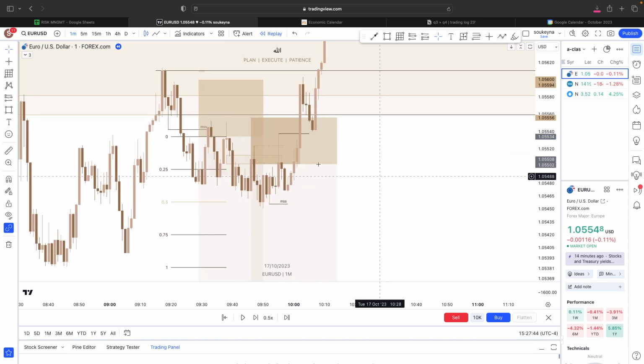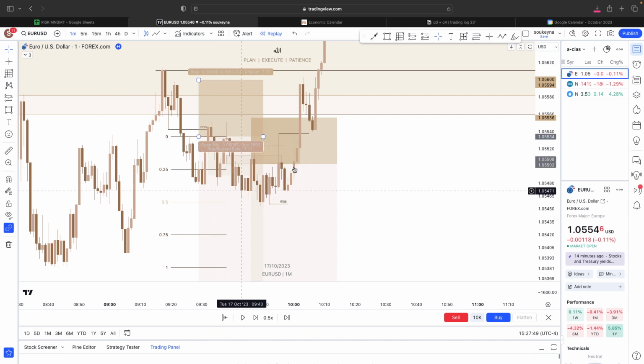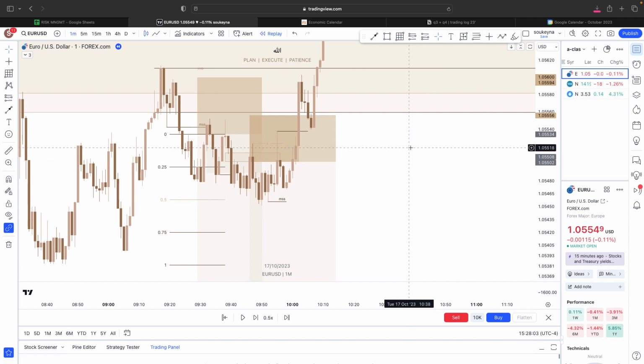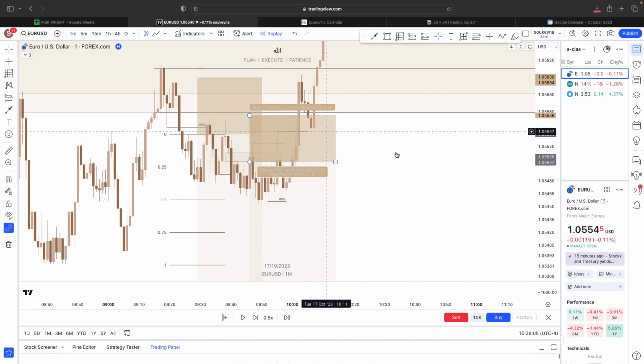I started to look for a second entry after we displaced again to the downside, closing below the open of this bullish candle, leaving us an imbalance, and that's where I entered. However, price decided to reverse on us, and I was just ultimately wrong about the entire direction. Like, I was just wrong. It didn't even hit my stop and came back. No, it hit my stop and then kept going.